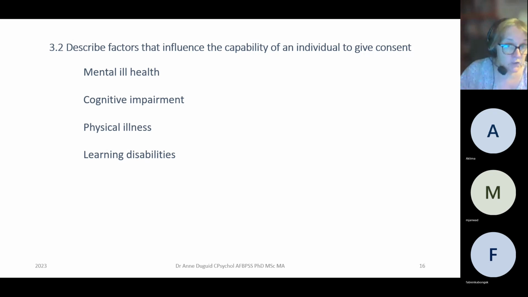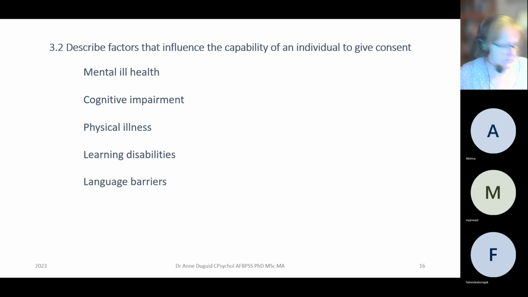What colour pants do you want? Do you want to go to the park? So there's a different level of decision making, and in their everyday life they can make those decisions, but they couldn't, for example, deal with the complexities of the funding they receive for their care. So someone else takes over that role.